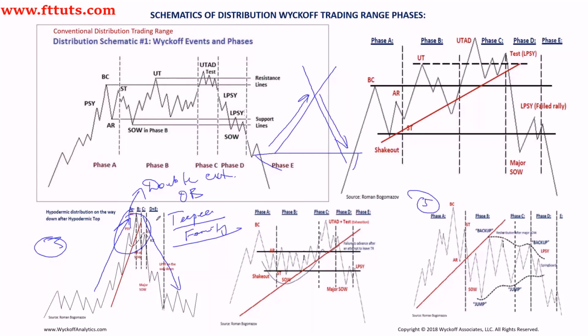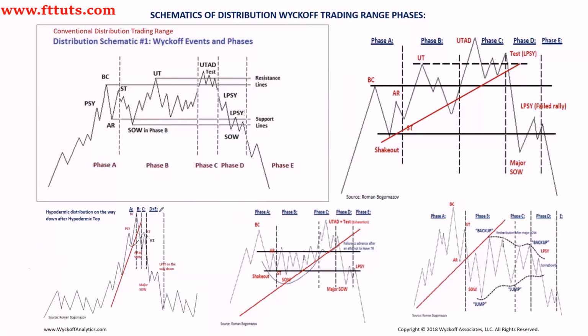Basically pure speculation. And you've seen this in Bitcoin just recently. You've seen this in the Chinese market in 2015. So many other examples that we could observe in this hypodermic formation.